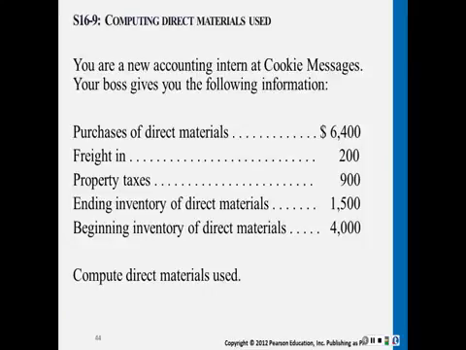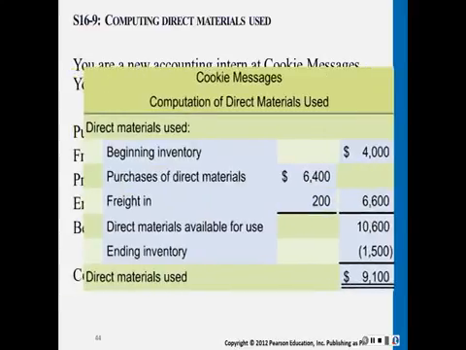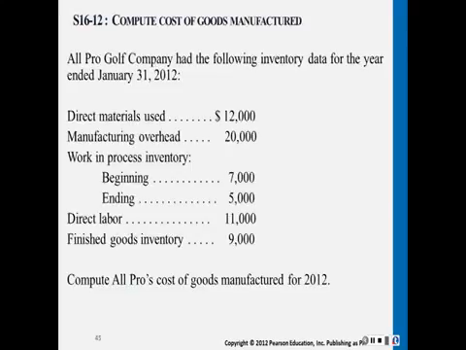Short exercise 16-9 reinforces how to compute direct materials used. Short exercise 16-12 is an example of computing cost of goods manufactured.